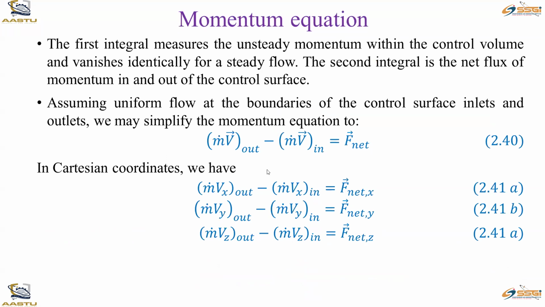So this is a general form, but in a specific Cartesian form for x, y, and z components, mvx, or we can represent it as u, v, and w, which is equal to m dot vx out minus m dot vx in is equal to F net in the x direction, in the y, and in the z direction. So this is the kind of momentum equation.